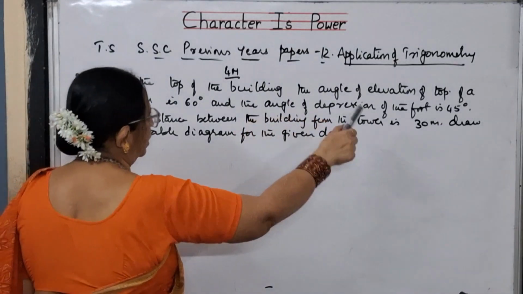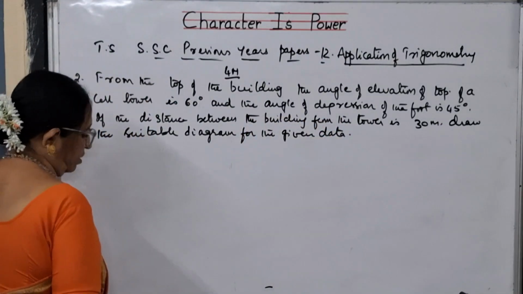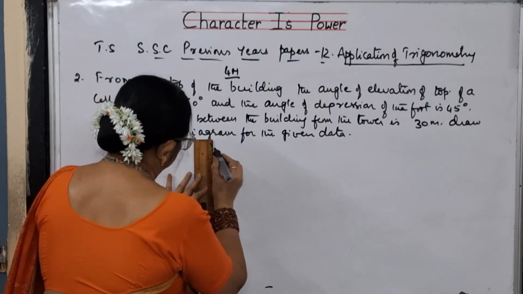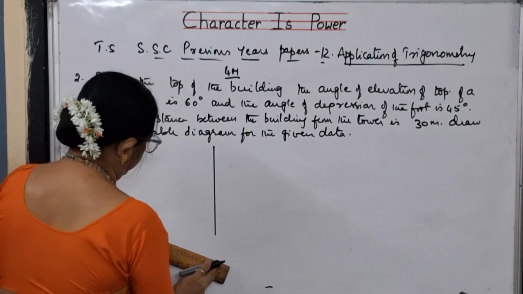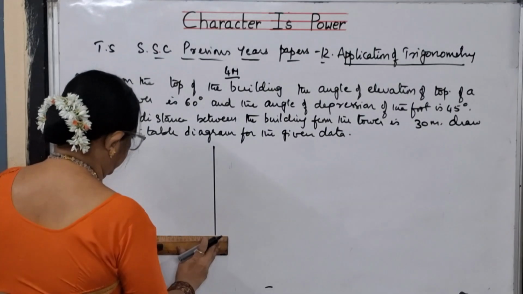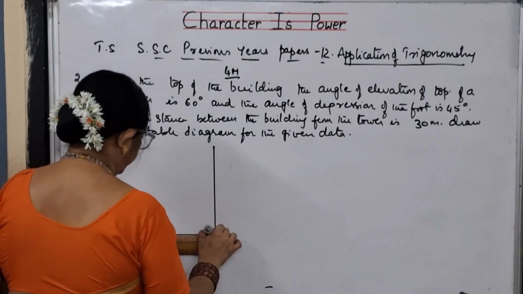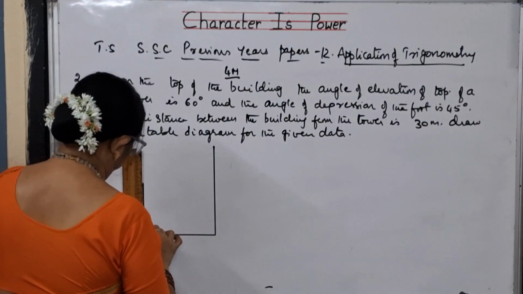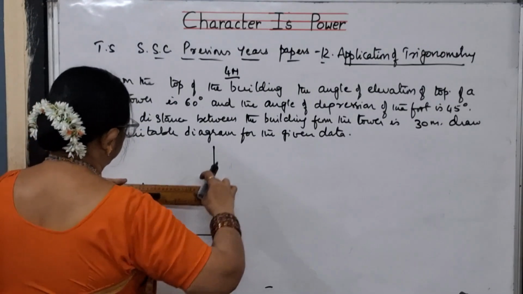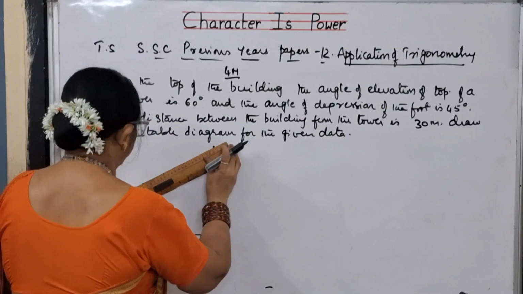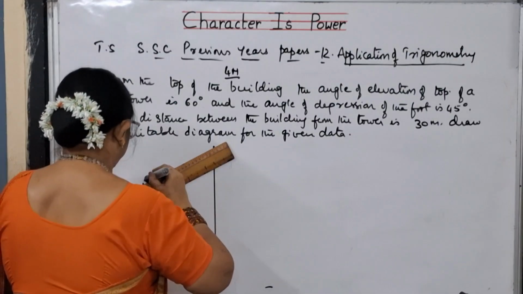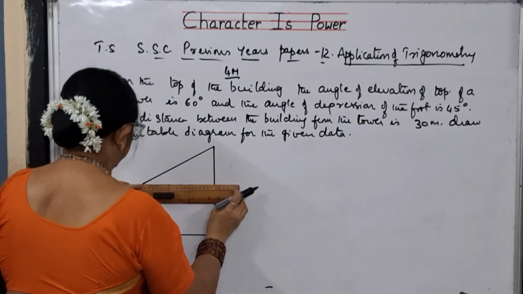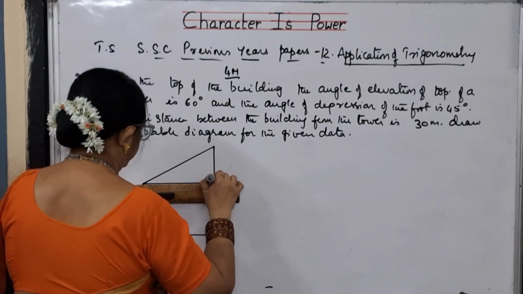The top of a building, the angle of elevation of a cell tower. So you have got a cell tower. So definitely the cell tower's height is more than the building. So there is a building in front of it. Here the angle of elevation is given to us and angle of depression.